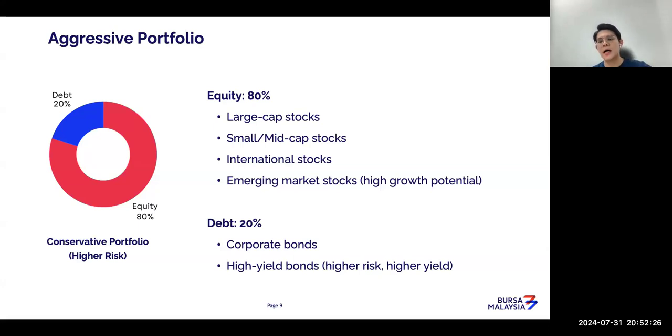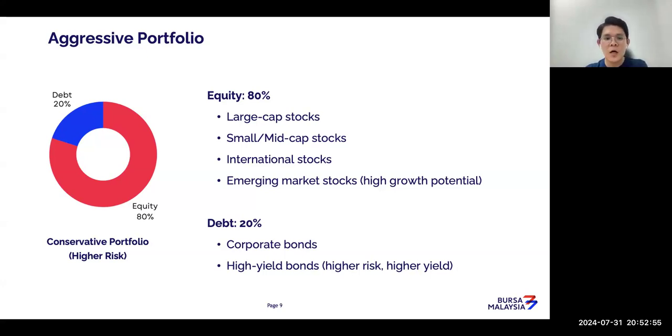If the stock market is down 20%, your portfolio will be down 20% as well. But if you have the bonds element in your portfolio, even when the stock market is down 10%, maybe your portfolio is down below 10%, like 7 to 8%, because you have another investment in bonds which can help you to hedge the risk.